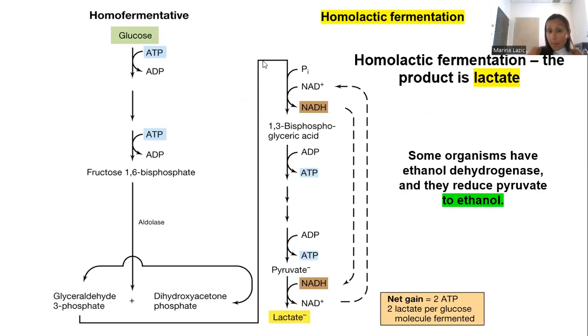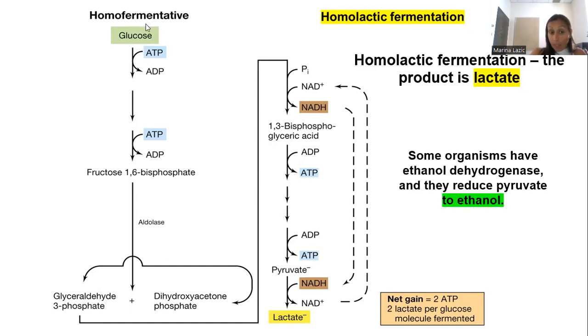Just as an example, and again, you don't have to memorize this pathway, you can have homofermentation and heterofermentation. If the product is only one, like in homolactic fermentation, then we talk about homofermentation. Another type of homofermentation can produce ethanol, but that happens only if you have alcohol dehydrogenase.